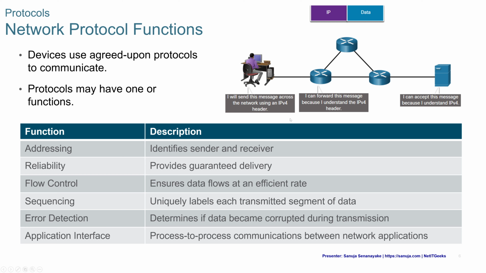These are very important key functions that need to be a part of a protocol. So if you are defining any network protocol, it should be composed of these types of functions: addressing, reliability, flow control, etc. In a network protocol, the addressing will identify the sender and the receiver.